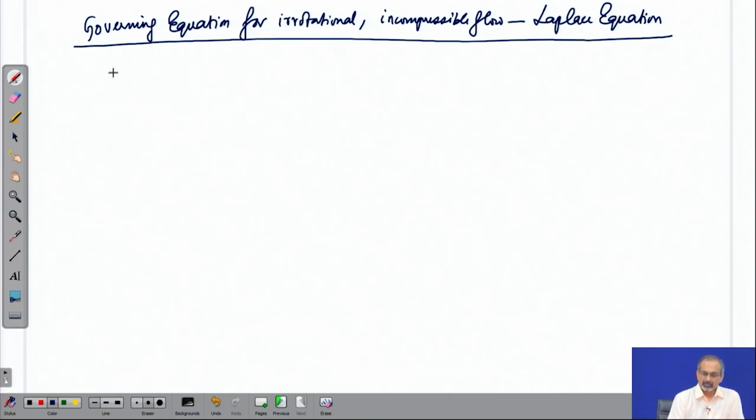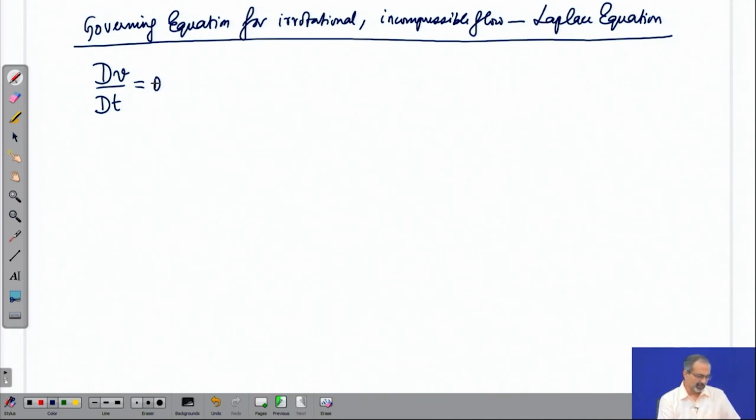Now, we know that the moment we make the incompressible assumption, it automatically means that if we are taking the material derivative or substantial derivative of the volume of a fluid element, that will be equal to 0.